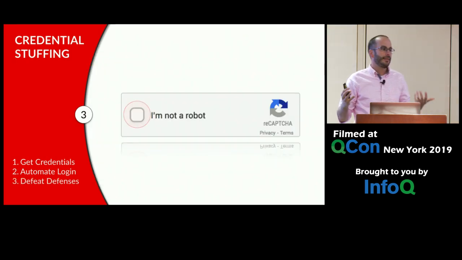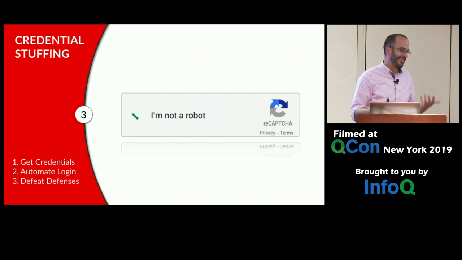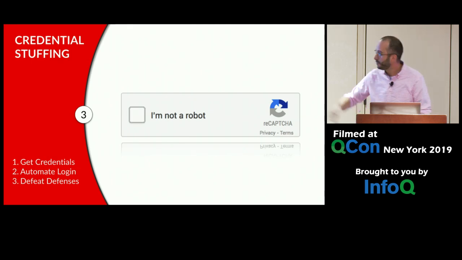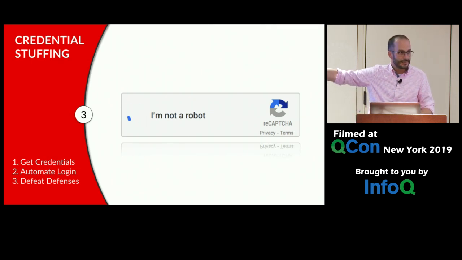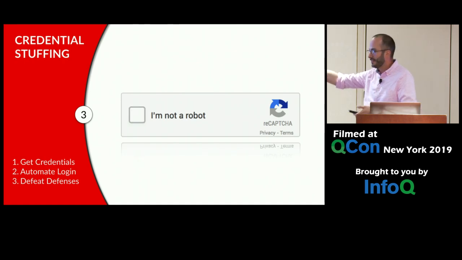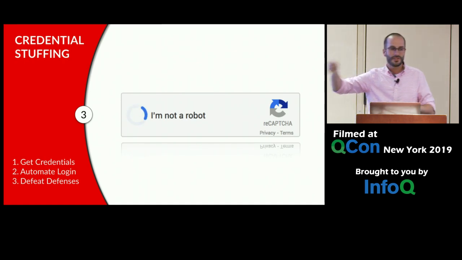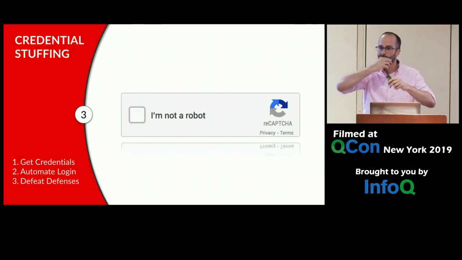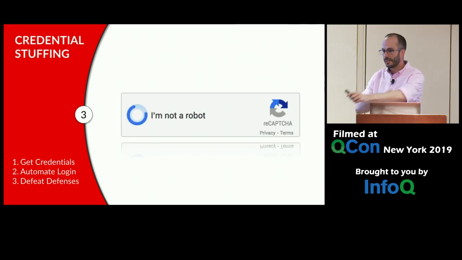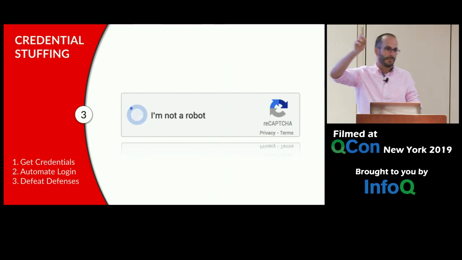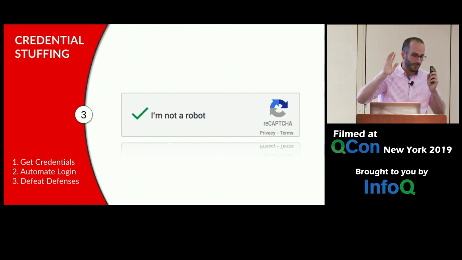Next up, you have to defeat the existing defenses. And there is inevitably something there. You probably have seen something like this at some point. Google's reCAPTCHA. This is Google's reCAPTCHA version 2. Version 1 was the squiggly words. Version 3 is actually kind of a completely different product. But you get the swirly swirl and a green check mark if you are okay.